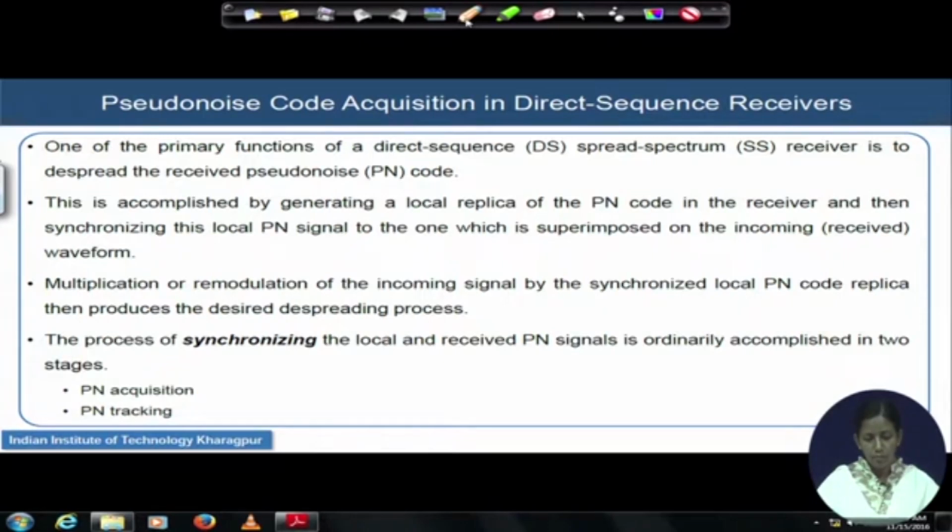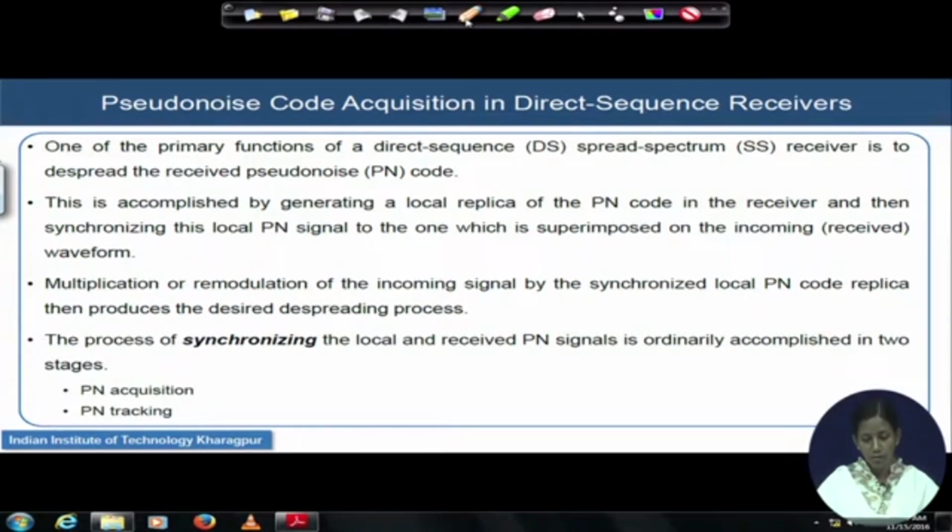Code acquisition is accomplished by generating a local replica of the PN code inside the receiver first, and then multiplying it with the incoming signal, which consists of the PN code transmitted by the transmitter.